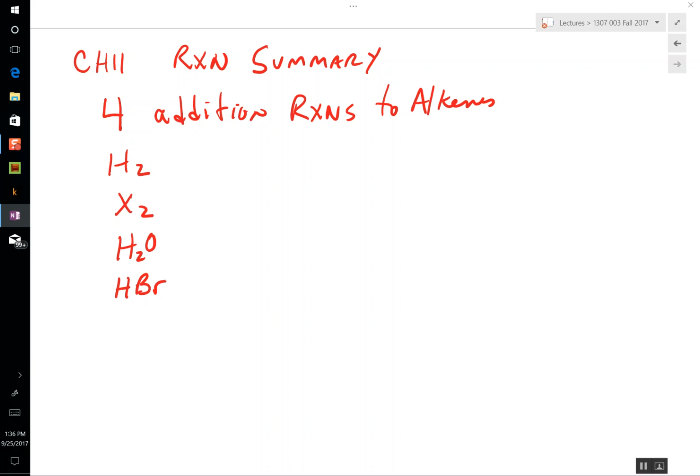And what are you doing when you name those reactions? You are naming the reactant. This is what is reacting with the double bond. This is what is adding across the double bond. 2 hydrogens, 2 halogens, an OH and a hydrogen and a halogen. So they all have names.